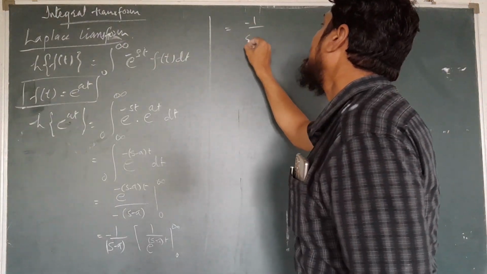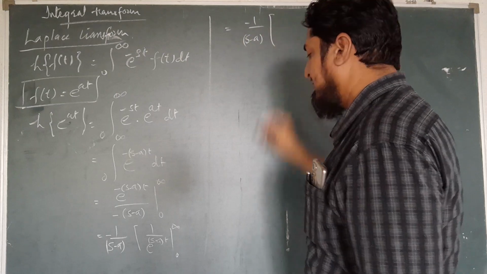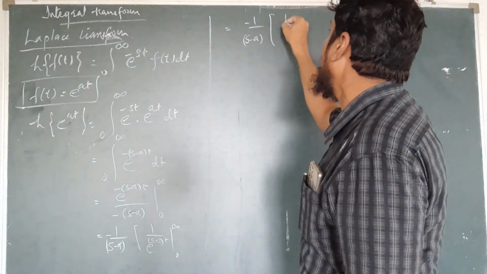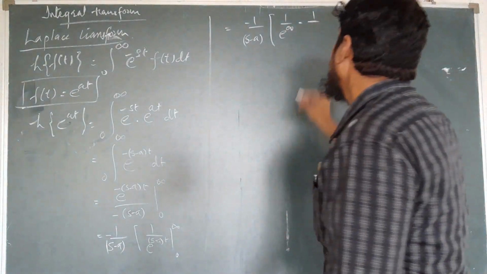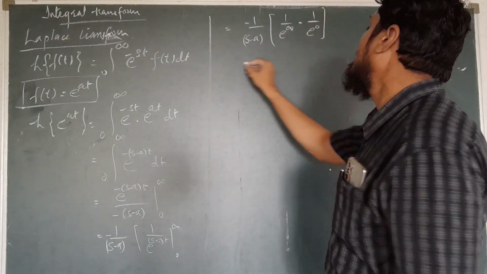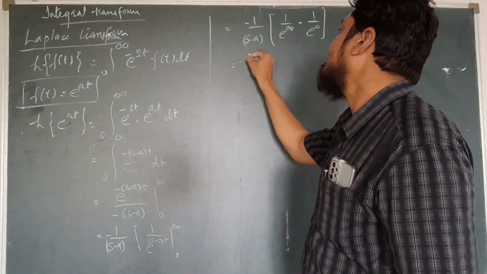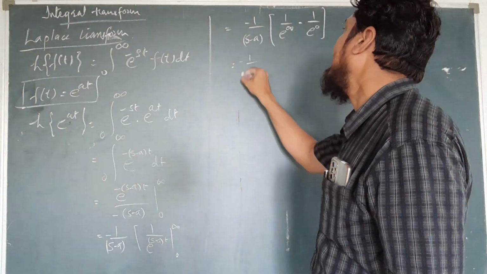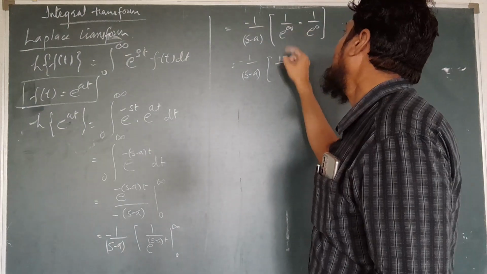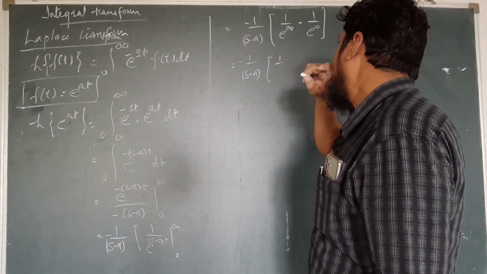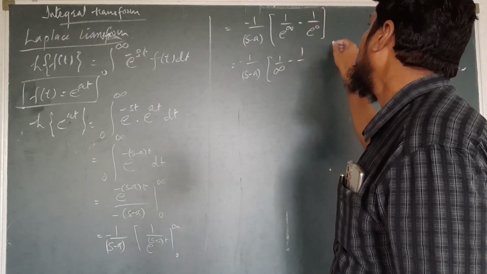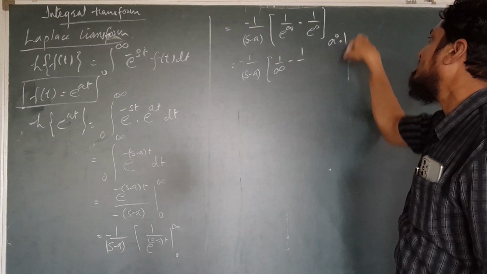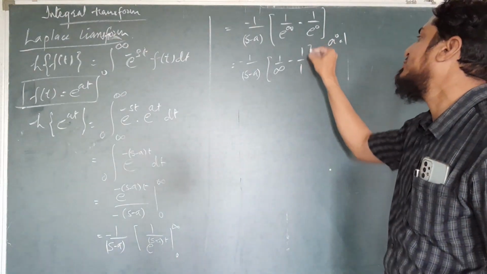Now if we put infinity, it becomes 1 upon e raised to infinity, which is 1 upon infinity, that is 0, and when we put 0, we get 1 upon e raised to 0, and since a raised to 0 is equal to 1, e raised to 0 becomes 1.